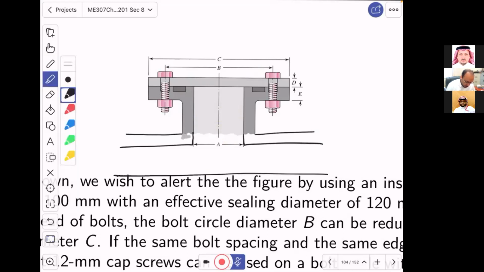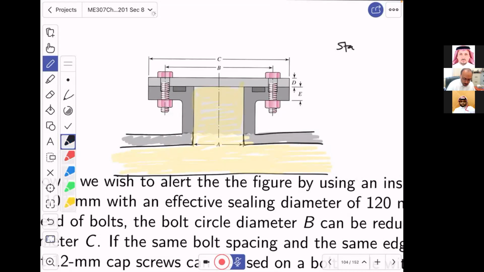We have the wall of the pipe over here. So as we said, we have the fluid, whether it is gas or liquid, coming up here. So my question to you, if you have a condition like this, a pipe with a fluid inside it, is this a static problem or fatigue?